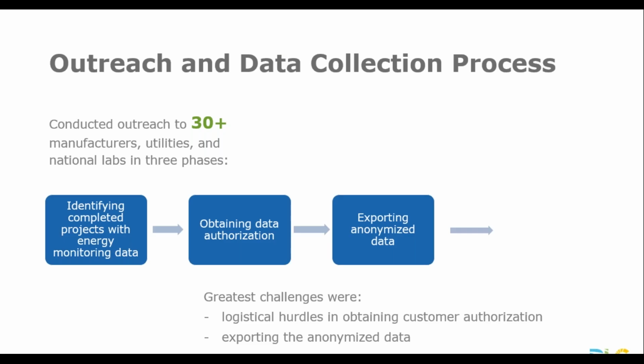Our next step was obtaining data authorization with those interested organizations and going to their customers to receive an authorization for that anonymized monitoring data. And as Levin mentioned, the authorization ended up being a significant barrier, not particularly due to customer issues with it, but really due to that logistical challenge of tracking down the right person at each organization for an individual building.